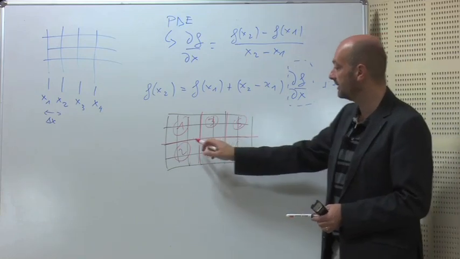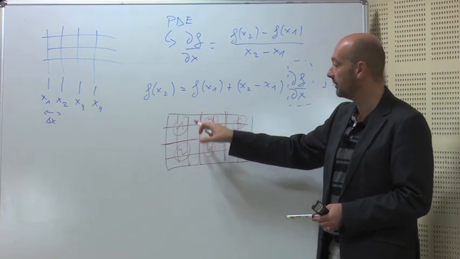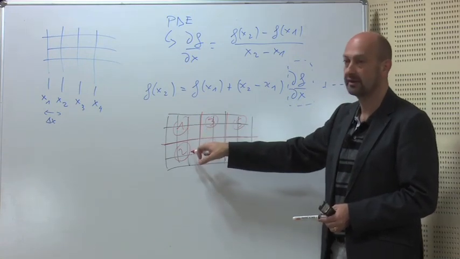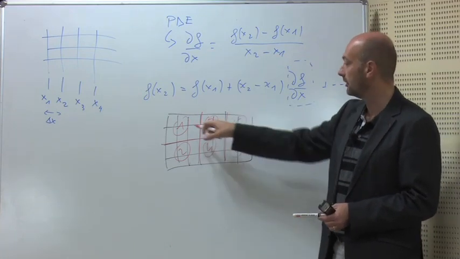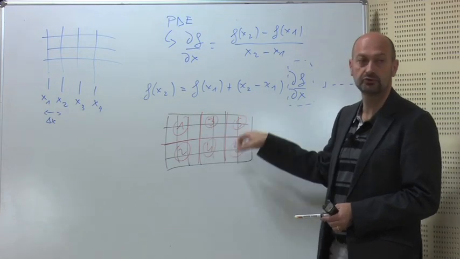But in fluid mechanics, you cannot solve the problem here without any information of the solution here, because the fluid flow which is coming from here goes there and there. So you have to send information, to broadcast information to the different processors.